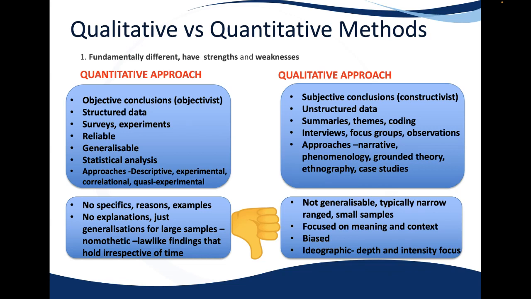And in that, you will notice that I have indicated some of the types of data collection approaches that you would find in quantitative research: the use of surveys, the use of experiments, versus the use of interviews, focus groups, observations.